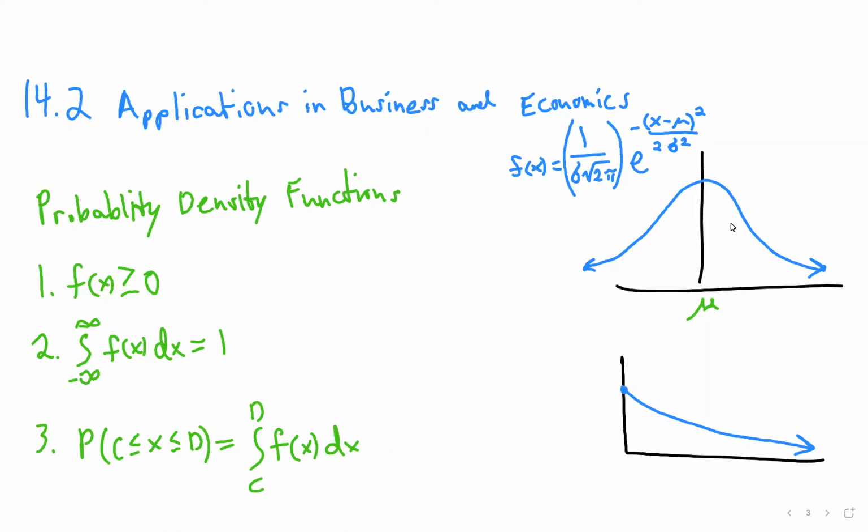A good way to think about it is roughly how far apart the different points are, the different components that are in this probability distribution. And so that's the normal distribution.